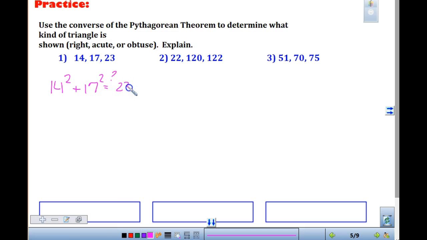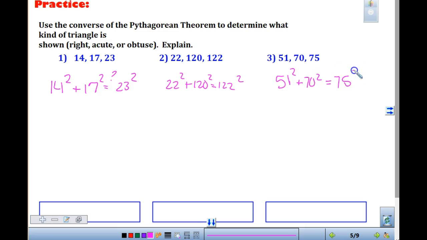What we're trying to check is if it equals 23 squared. That next one, Abby, should be 22 squared plus 120 squared equals 122 squared. And the last one, Grace, should be 15 squared plus 70 squared equals 75 squared.